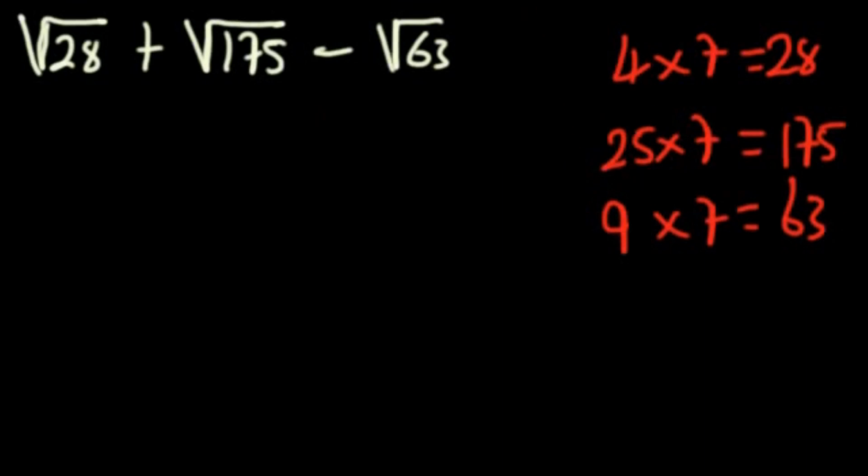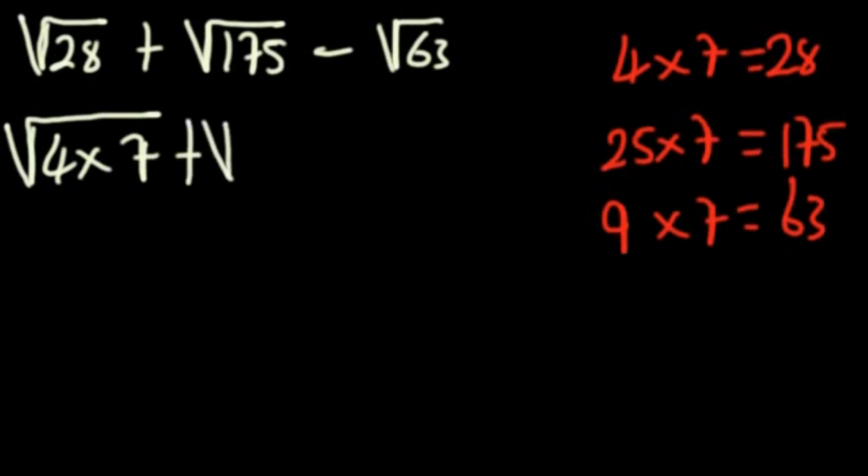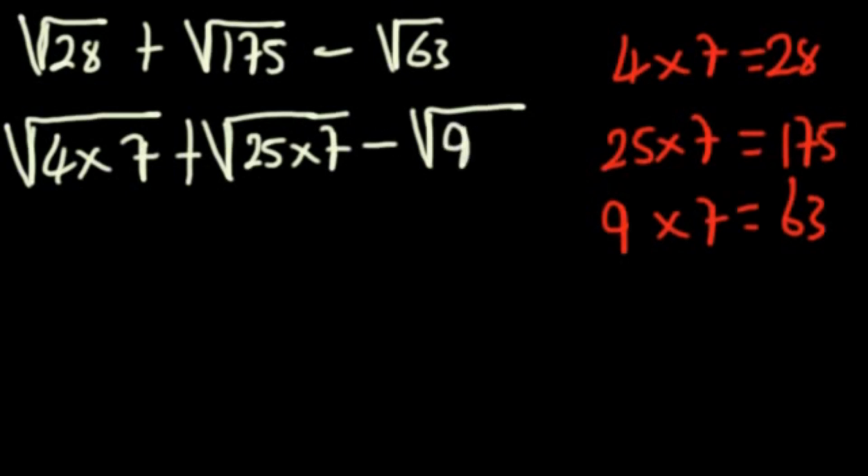So let's replace these values with whatever we have over here. We are replacing 28 with 4 times 7, 175 with 25 times 7, and 63 with 9 times 7. So for the first part, we are going to have square root of 4 times 7, plus square root of 25 times 7, and for the last one, square root of 9 times 7.